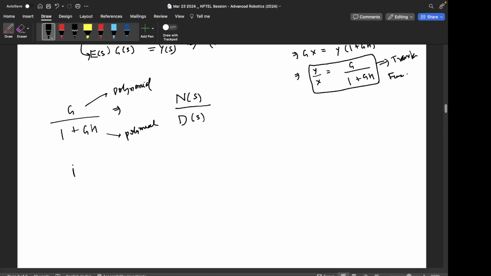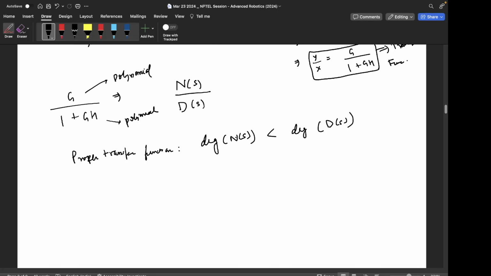Now there's a term called a proper transfer function. A proper transfer function is one where the degree of the polynomial in the numerator is less than the degree of the polynomial in the denominator.